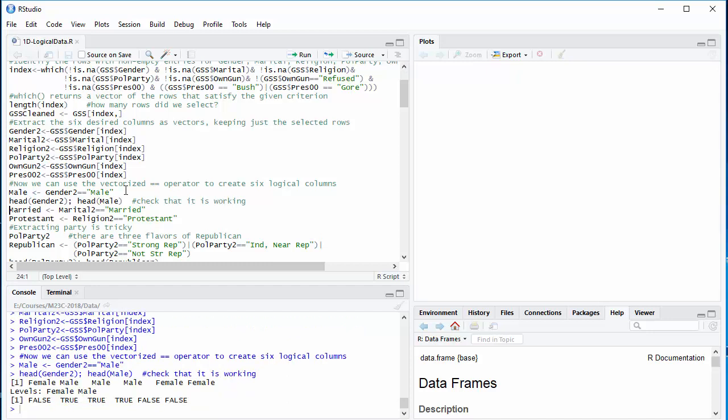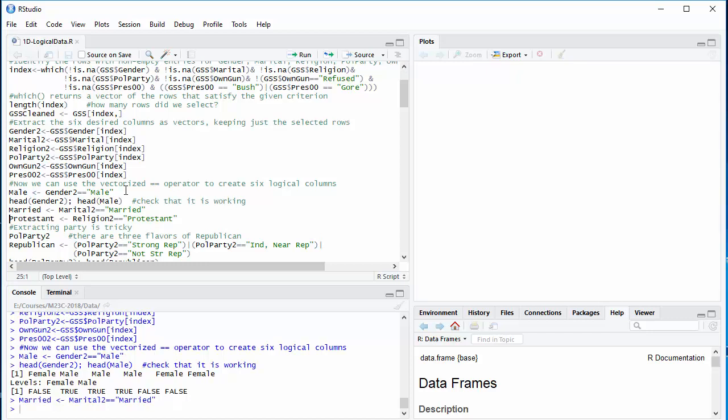Let's just look at the head of the gender2 column. We've got 3 males and 3 females, and then look at the head of the vector we just created called male. That has true in the male positions, false in the female positions. It's working, and the same thing is going to produce true for married and true for Protestant.